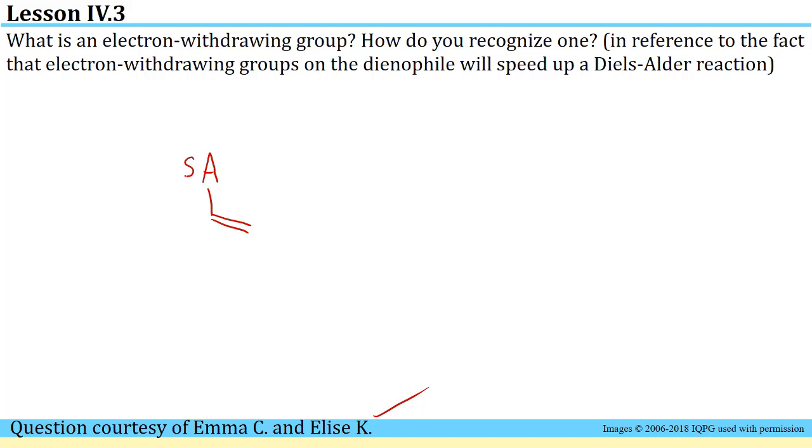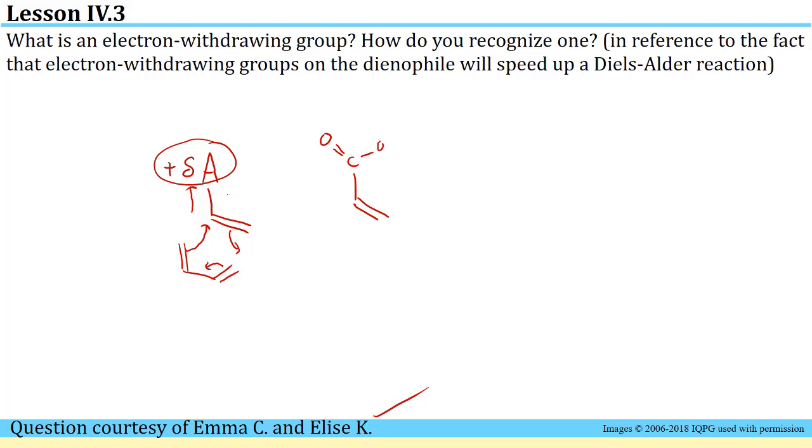And electrons are negative, so anything that is partial positive would have the influence of pulling electrons towards it in that molecule. And the reason this speeds up a Diels-Alder reaction is if I start to pull electrons a little bit that way, then these electrons will be pulled towards that site, and that'll help you get that Diels-Alder reaction started. Now, partial positive charge on that atom, what are some specific examples?